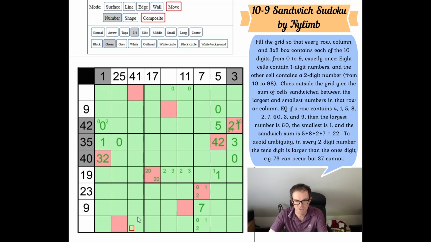This is a single cell boundary, and as this can't be a 0, this has to include a 0, so this is a 0. So this has to be the number 31. Sorry if you guys have spotted that ages ago. Now this can't be a 0 over here. So the 0 is in the 2-digit clue.